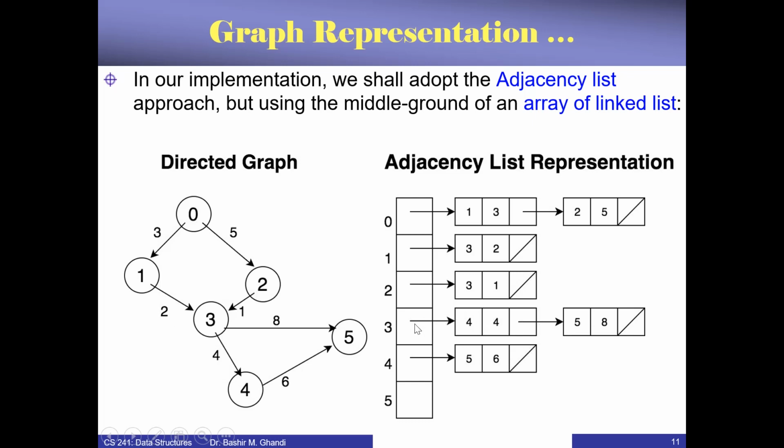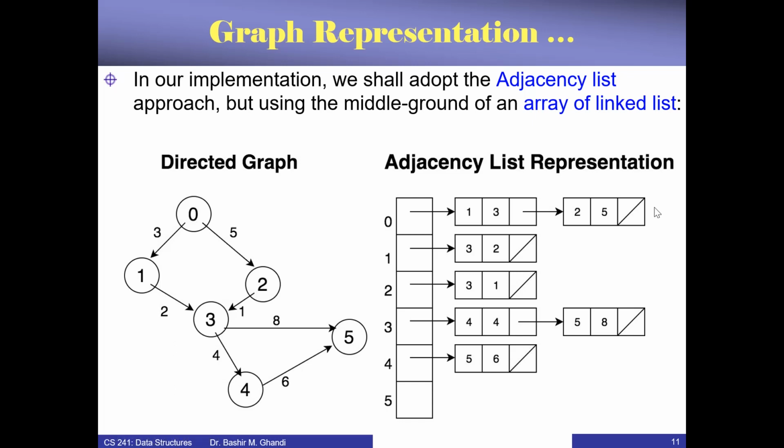So the searching is much faster than if we had to start from the beginning, go until you find the 3 and then start going until you find the 4. Because this is an array, we can come directly to 3 and then search that linked list to see if there is a vertex containing 4. So this is the representation we're going to adopt. It's adjacency list, but using array of linked lists.